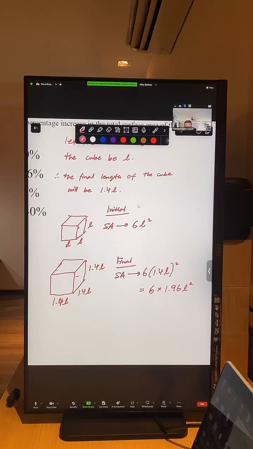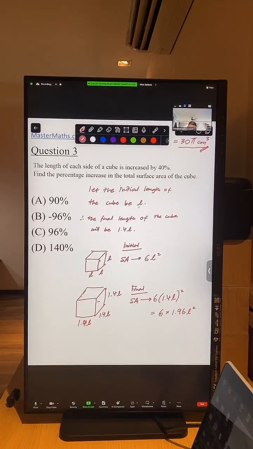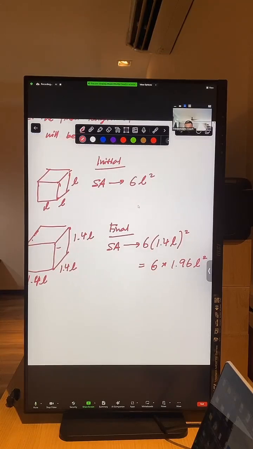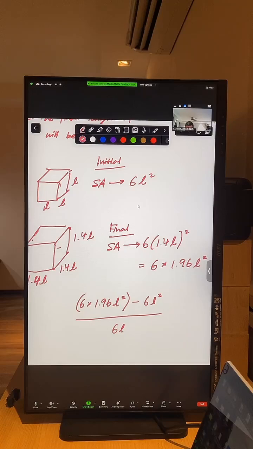Okay. So how to find the percentage increase? To find the percentage increase, you take the final minus the initial, divide by the initial. So 6 times 1.96 L square minus 6L square over 6L square.